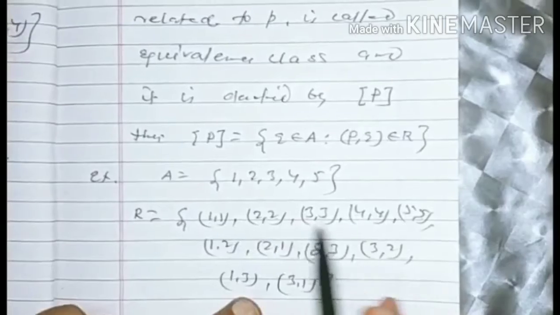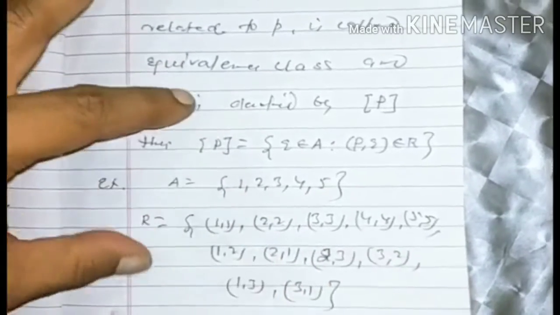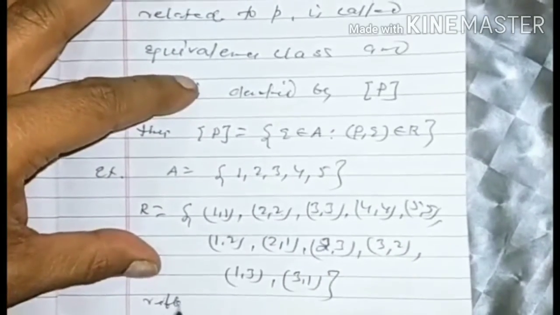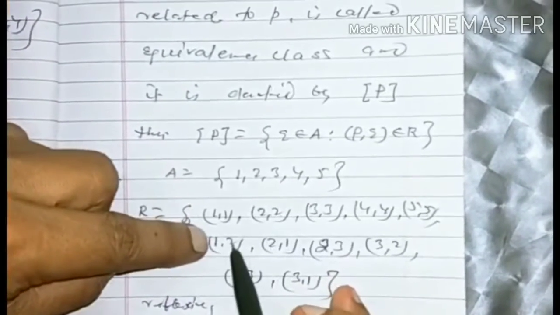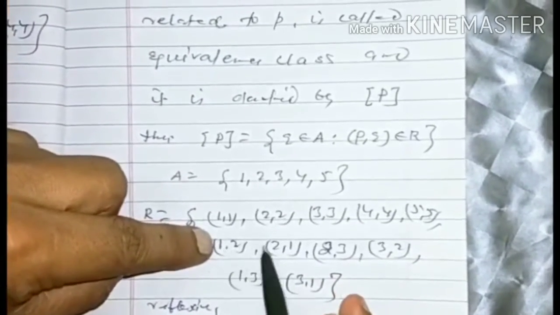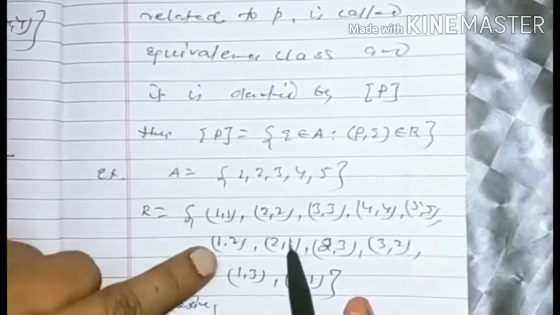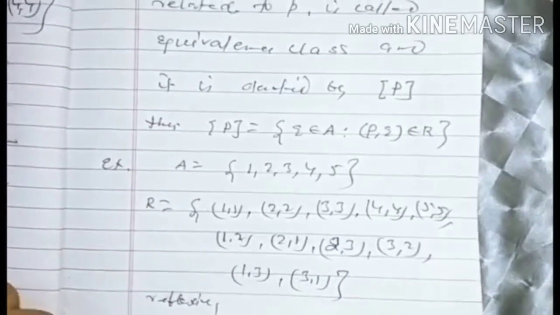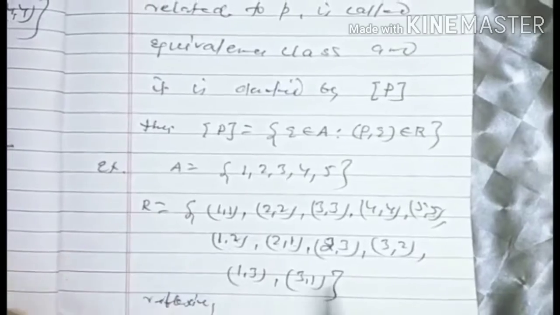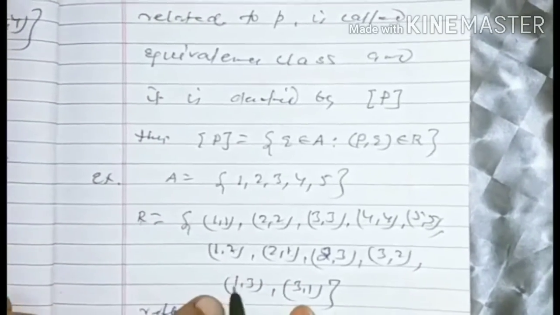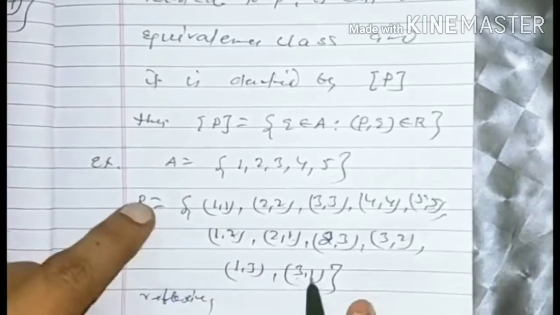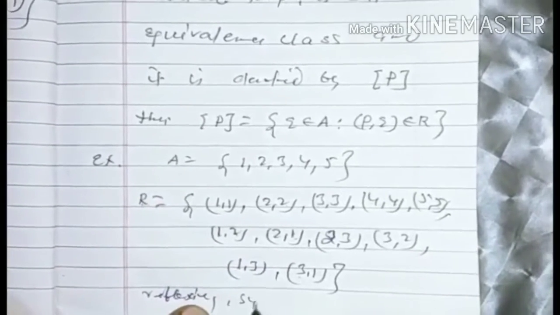This is the condition for reflexivity, and this relation is reflexive. Symmetricity: we choose (1,2), then (2,1) must belong to relation R. (1,2) belongs to R here, and (2,1) also belongs to R. (2,3) belongs to R, and (3,2) also belongs to R. (1,3) belongs to R, (3,1) also belongs to R. Therefore, this is symmetric.